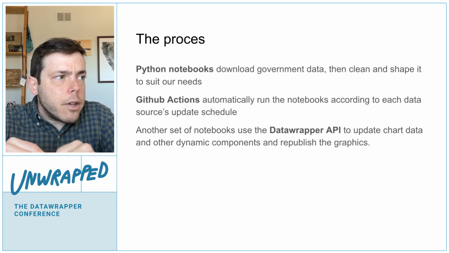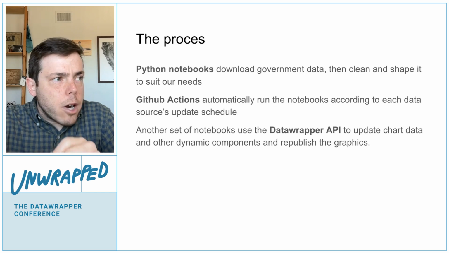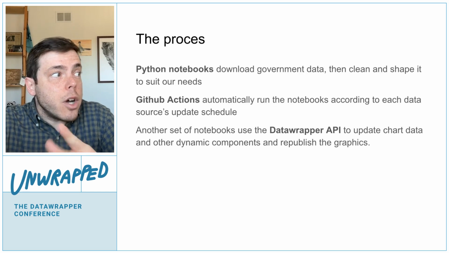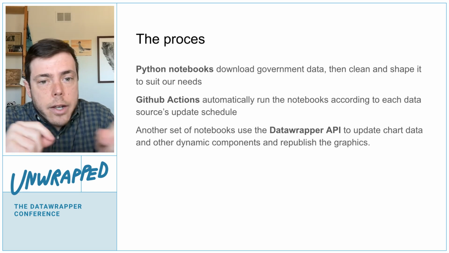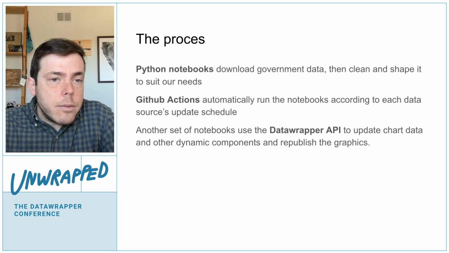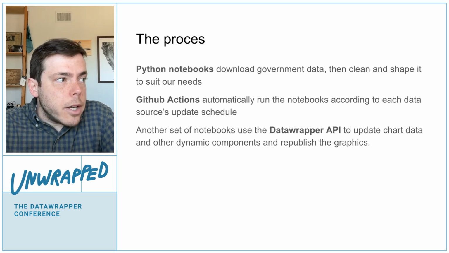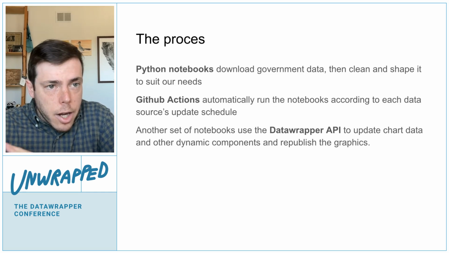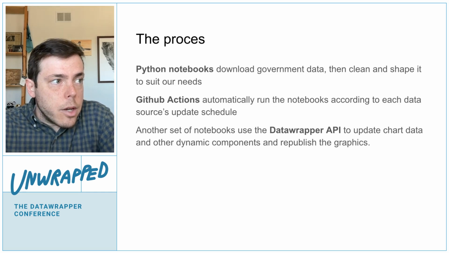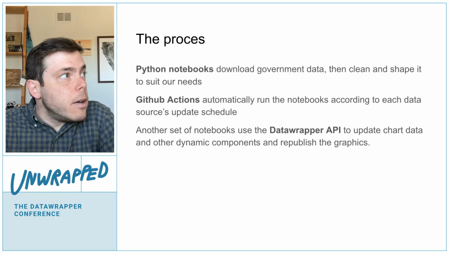And then we have another set of notebooks in a private repo that handle the Datawrapper stuff. So it updates the chart, it runs new dynamic variables, and it republishes the graphics, so that we have new stuff across the website.